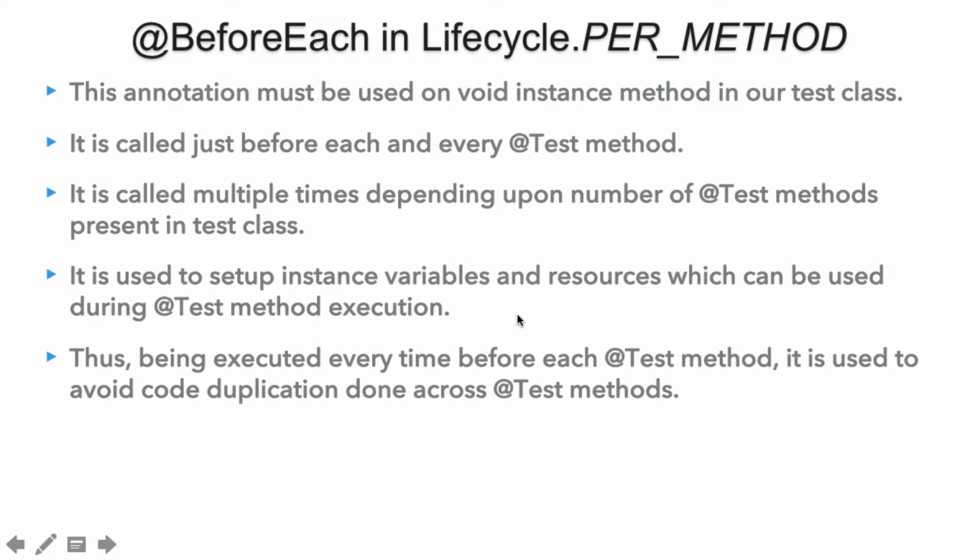So what we usually do is initialize a class and then call a method from our test, and we simply provide asserts on top of it. So usually for each and every @Test method we create the instance of the class which we want to test multiple times. Instead of doing it every time, we simply provide the setup of those instance variables in our @BeforeEach annotated methods just to avoid code duplication.